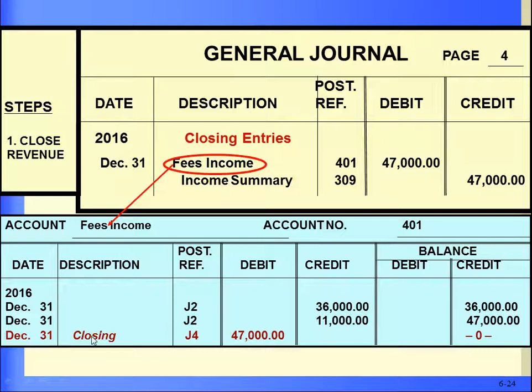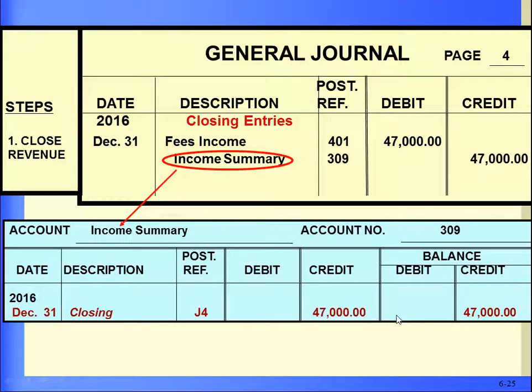So description closing on page 4 of the general journal, J4, we're going to debit fees income because we're closing it out. So here were the 2 transactions that we earned revenue for that period. We're closing it out to a zero balance. So here's the second part, the income summary.